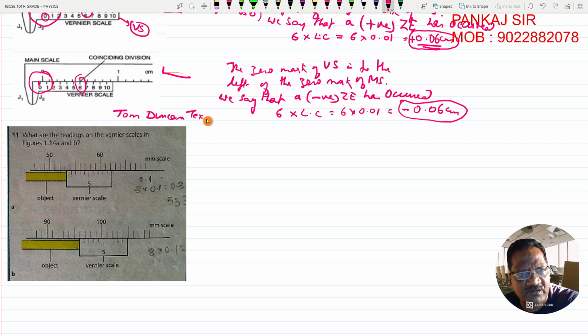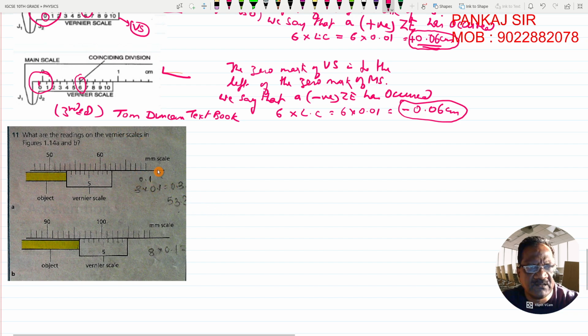I think it is your third edition. These questions I could see in your book, and let us try to sort out this question, question number 11.